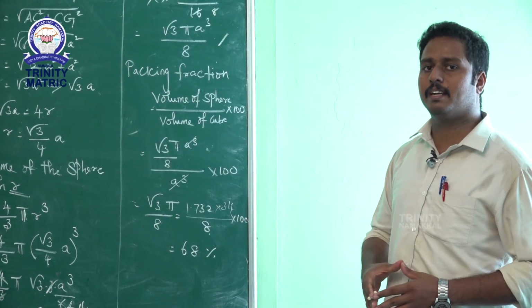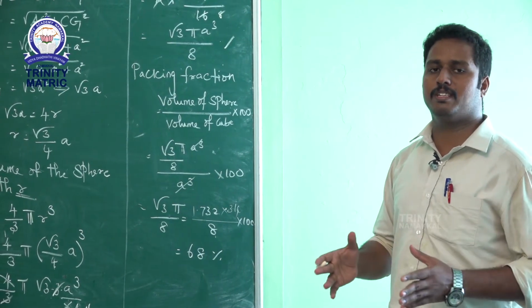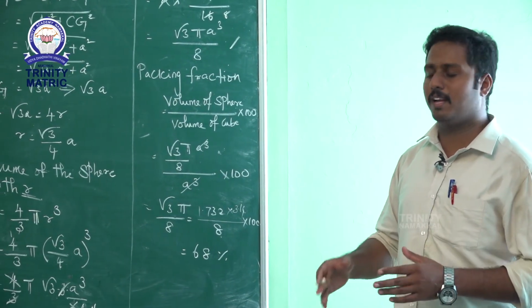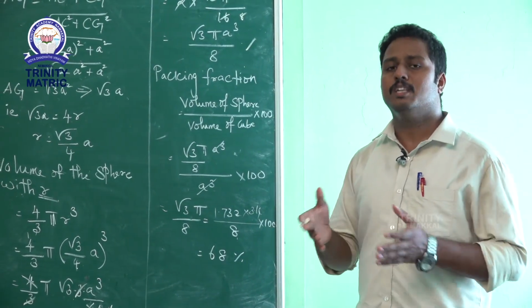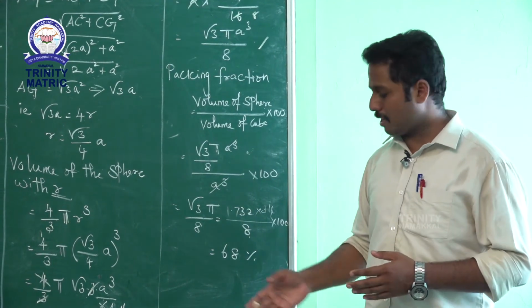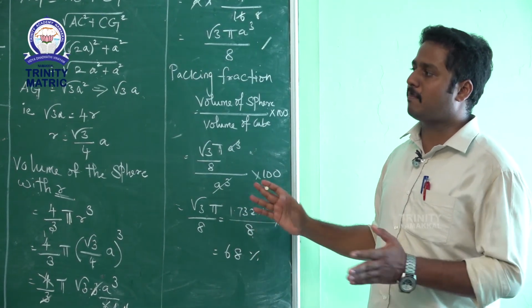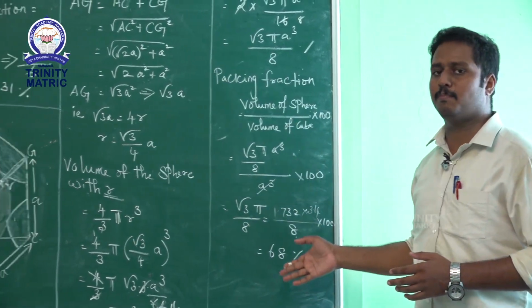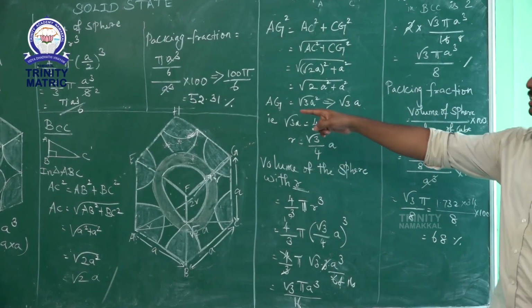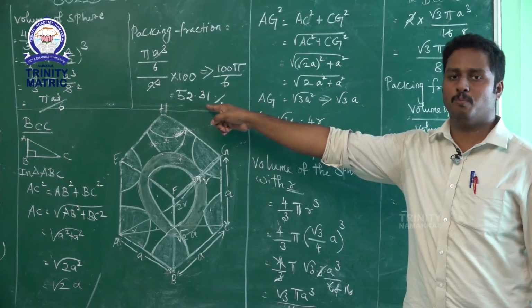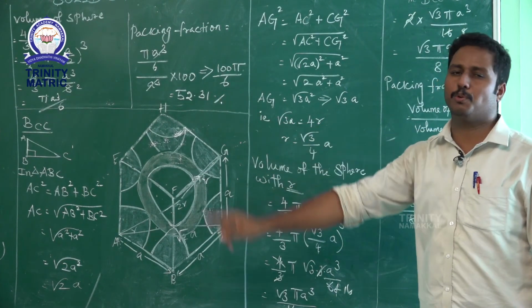Consider 100% of the unit cell volume: 68% of the volume is occupied by the spheres, which means atoms. So the remaining space is empty. Compare simple cubic and body centered cubic. In simple cubic, what is the packing efficiency? 52.31%, around 52%.